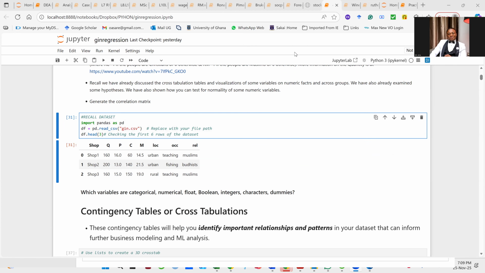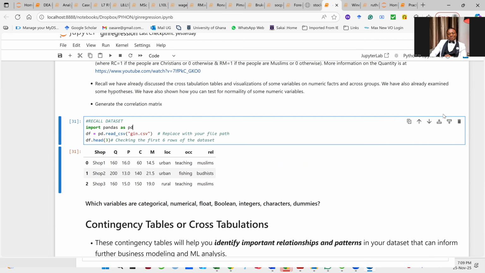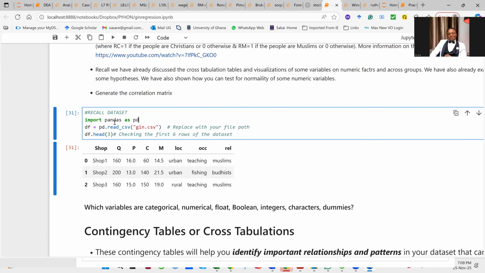What you're going to do is, this data set has been saved as a CSV file. That's why you see gene.csv. So it must be in your folder. All of you must have the CSV file in your Python folder, I mean, your working directory.